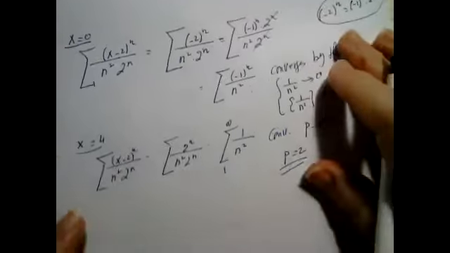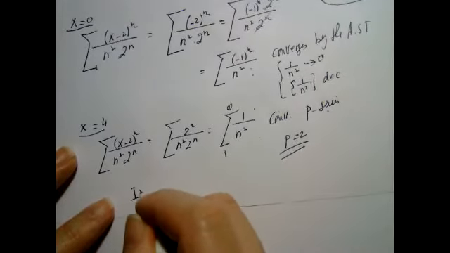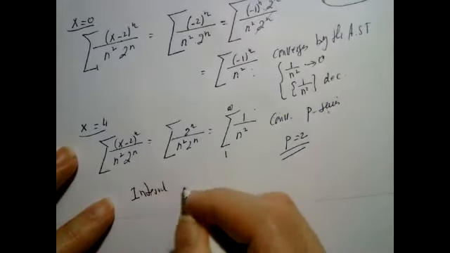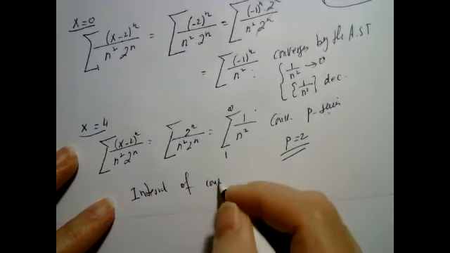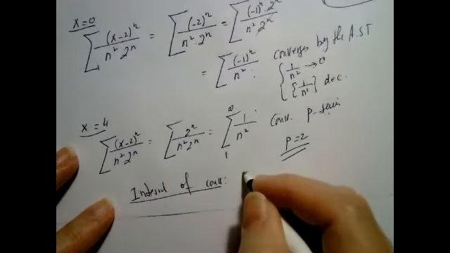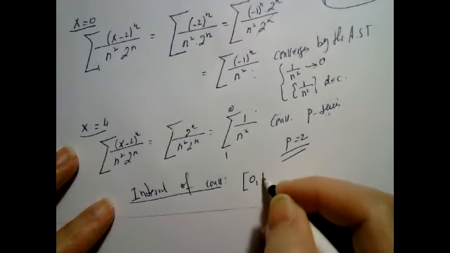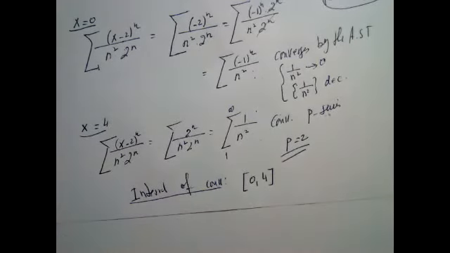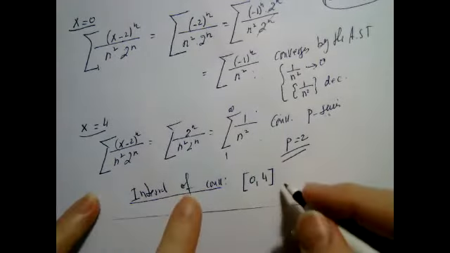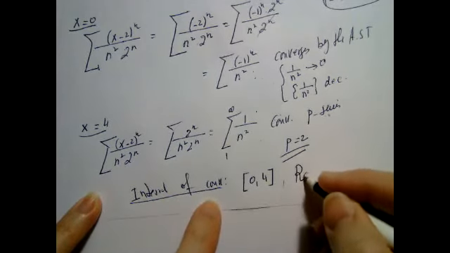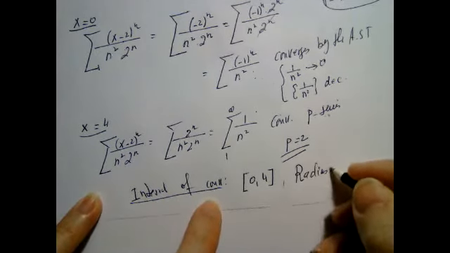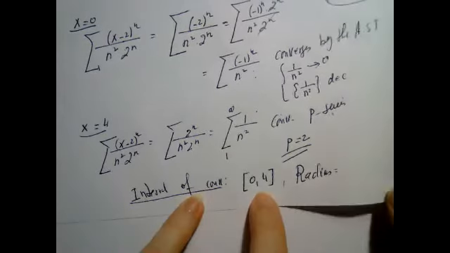Okay, so the interval of convergence is: it converges at 0, it converges at 4, and it converges everywhere in between. And the radius of convergence is usually, as I said, half the length of that.